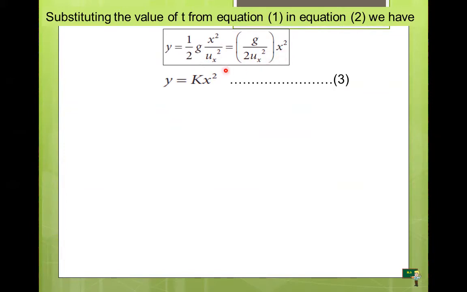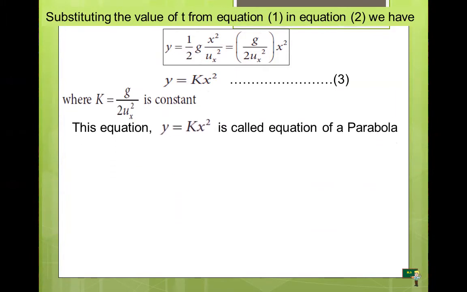Or you can put y equals kx square, taking g by 2ux square as k. This is equation number 3, and k equals g by 2ux square is a constant. This equation y equals kx square is called the equation of a parabola.